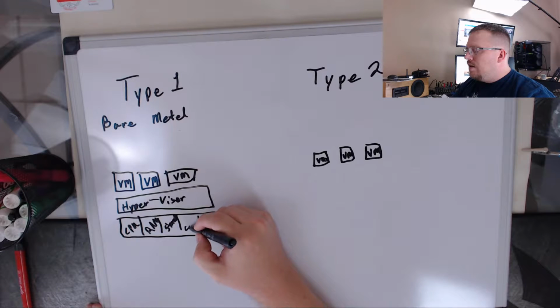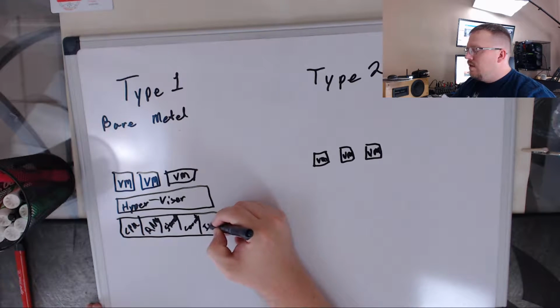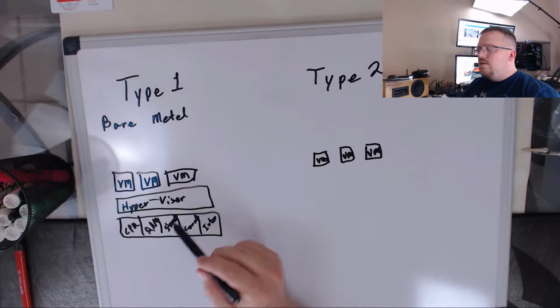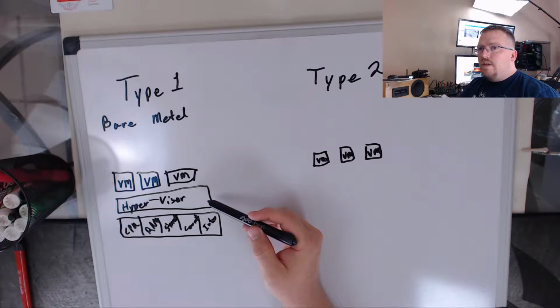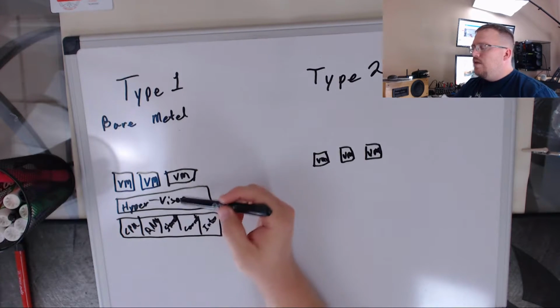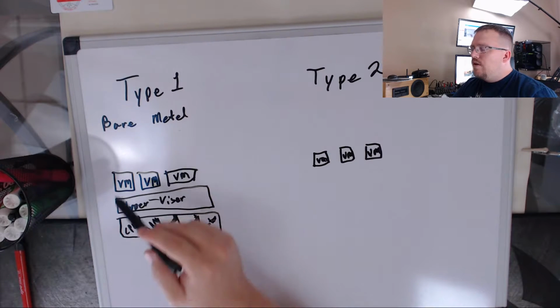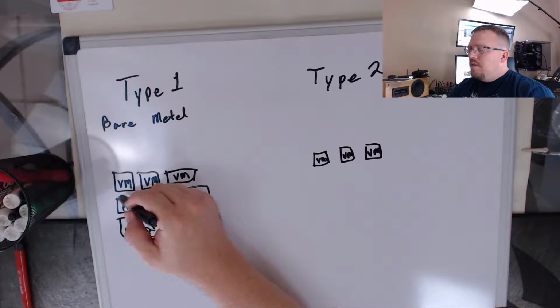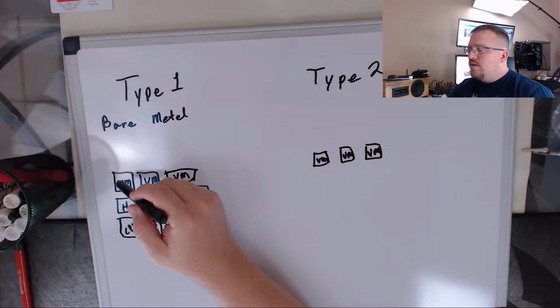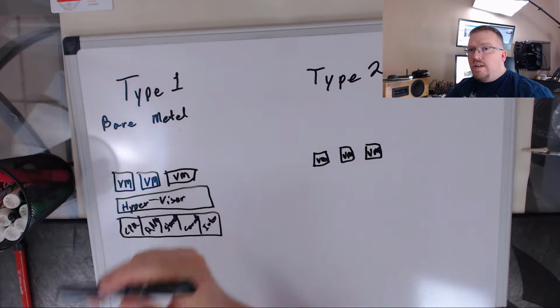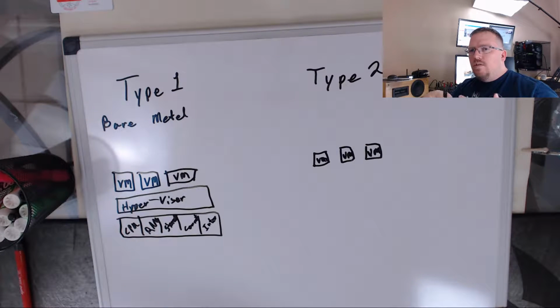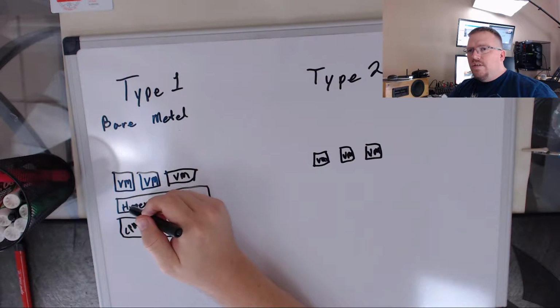So any connected or internal devices that the hypervisor is able to address, it will act as a gatekeeper to the actual hardware. Your VMs think they have their own hardware: each VM thinks it has its own storage, its own CPU, its own RAM, and it runs on its own operating system.